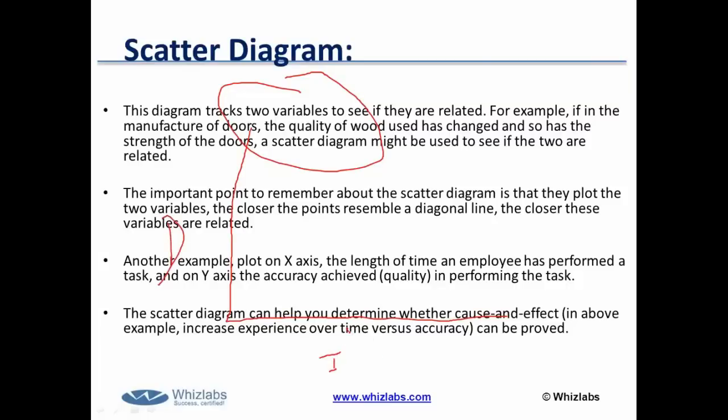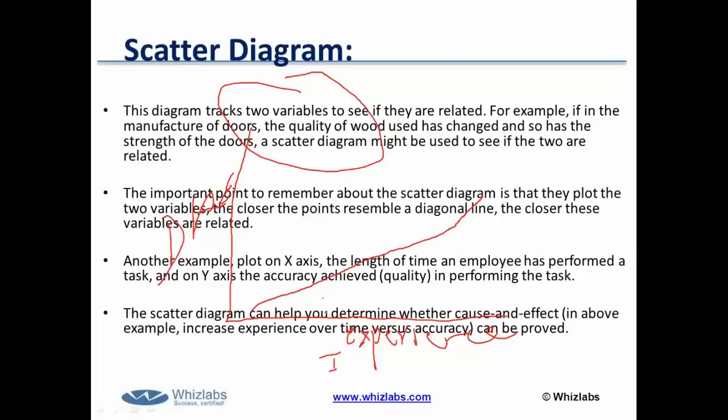And the independent variable is, suppose, the experience of your project team. Experience. And this is accuracy. So if your people's experience is increasing, whether the accuracy of the product deliverable is increasing too. Experience might be 5 years, 10 years, 15 years, 20 years, or maybe 2 years, 1 year, and so on.